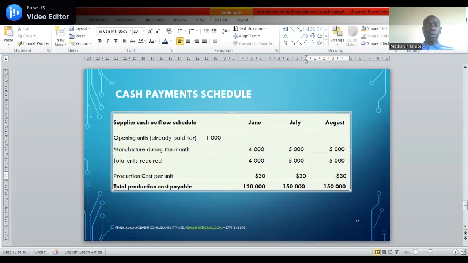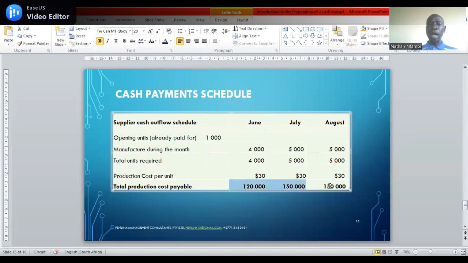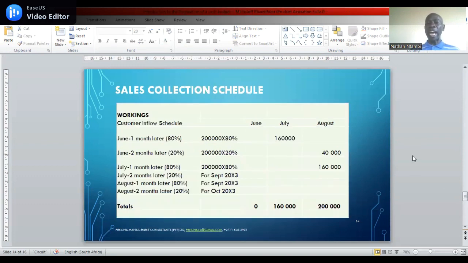So for June, 4,000, July, 5,000, August, 5,000. Multiply each by $30 per unit, and you're going to get 120, 150, and 150 in the months of June, July, and August, respectively. These are going to be our cash outflows relating to the manufacture of the product for June, July, and August.